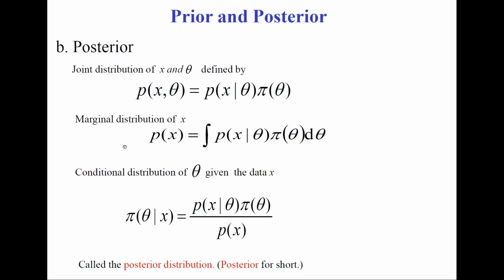Next, formally, we introduce a joint distribution of x and theta, which is defined by a probability distribution multiplied with prior distribution, P of x given theta times pi of theta, which is actually interpreted as a probability distribution of x and theta. Then we obtain a marginal distribution of x, which is denoted by P of x.